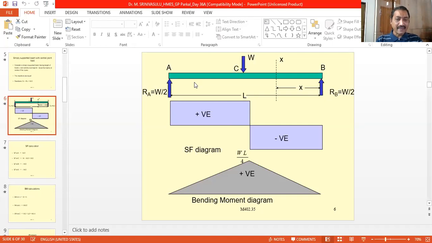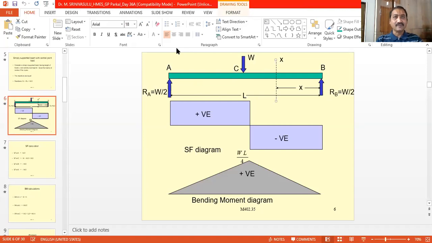Similarly, if I consider the forces acting to the left of the section, just consider the section here. To the right we have already considered and got a value. Now to the left, only W by 2 is acting upwards.